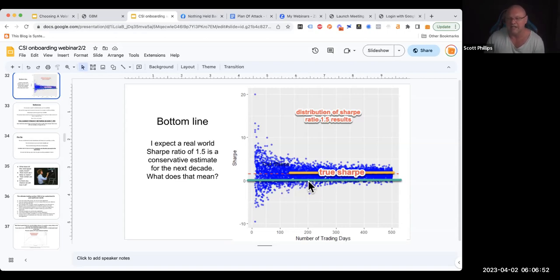By 200 days, this all kind of sorts itself out, and you have some results on the simulation that are much better than what we thought, some that are a little bit worse, and some that are actually losing money. But by 300 days out, you'd have to be really unlucky to lose money. And that's basically what it is. The longer you go, the more this comes into a pattern of variance around the true Sharpe ratio, which is this yellow line.